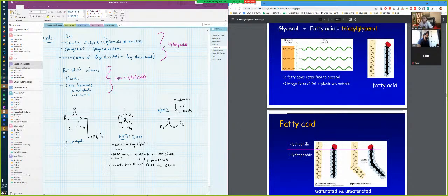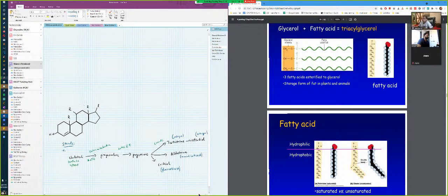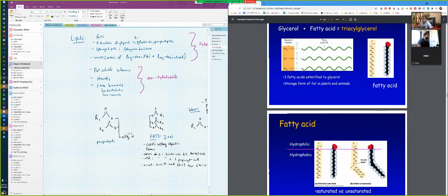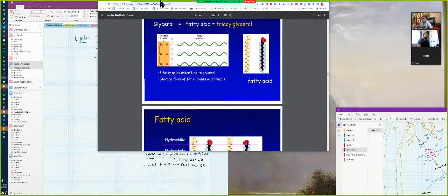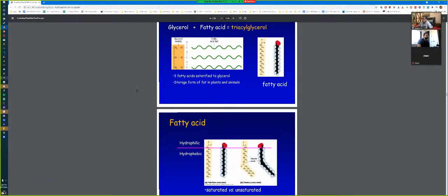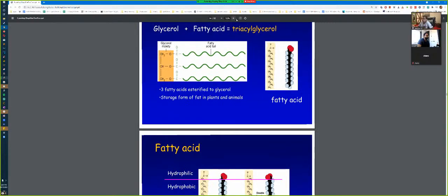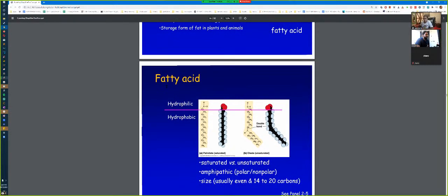Okay, so I wrote the forms. What do you say about the forms?